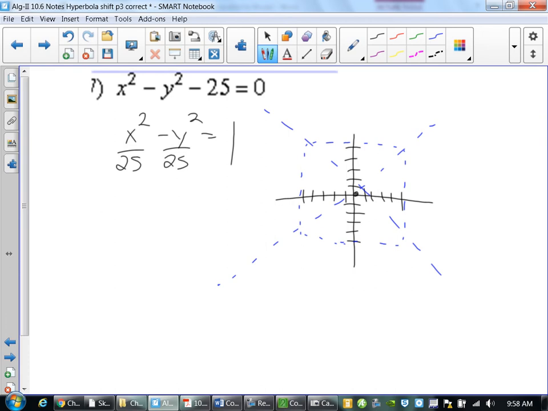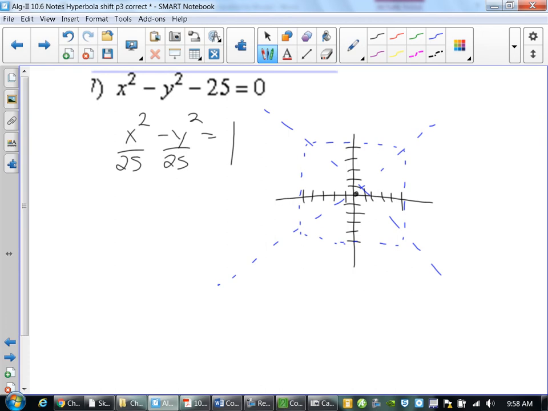That's the kind of weird thing that can happen with a hyperbola. When it's centered at the origin and you get the same values for a and b, it just means you're creating a square as opposed to a rectangle, and you get slopes of 1.